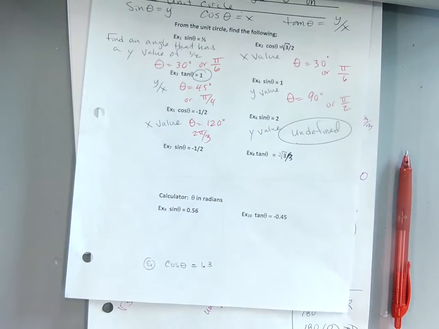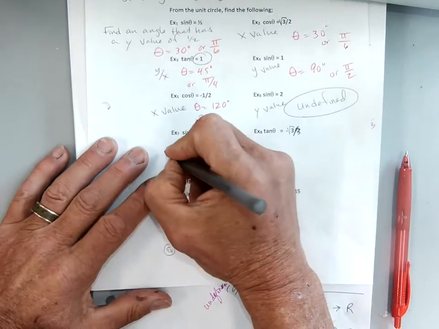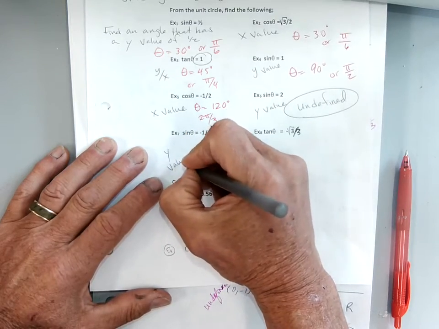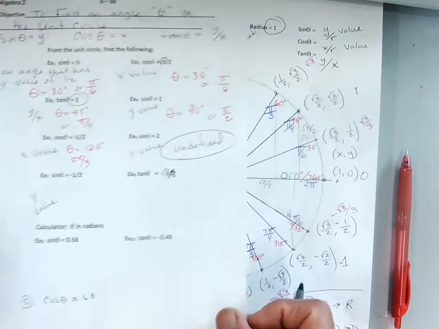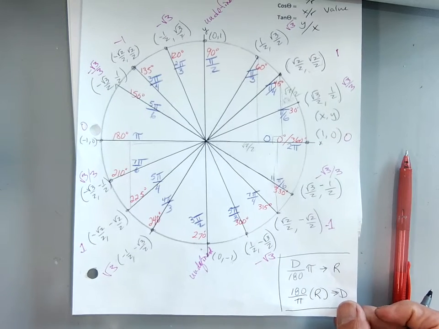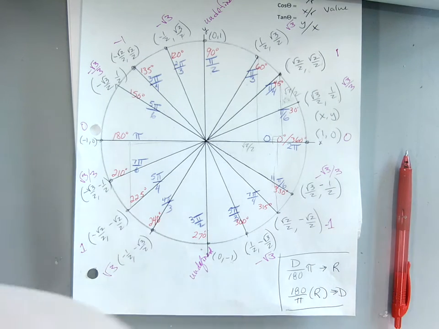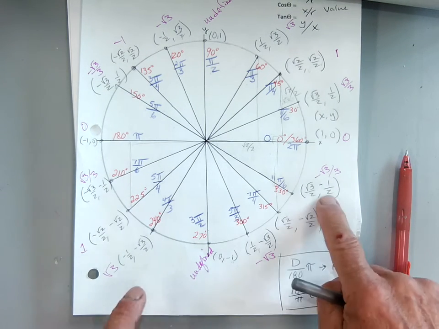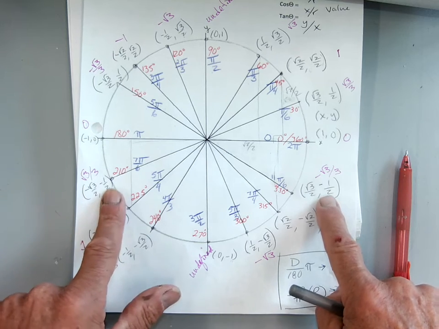Okay, here's the one we did. This example 7 was the whole reason we went outside, okay? So, negative 1/2. Find a y value of negative 1/2. Do you see it? It's here or here.